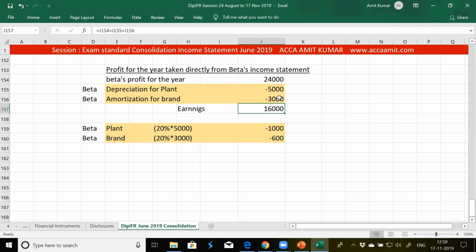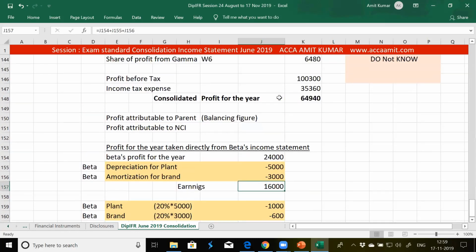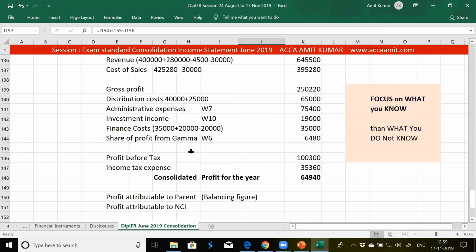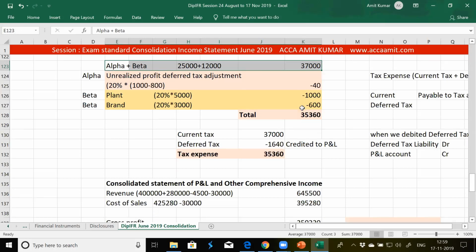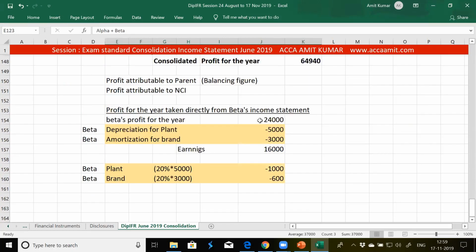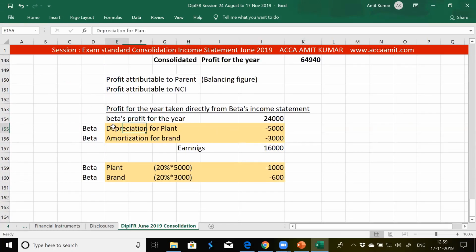But because of this, there is a reversal of deferred tax liability. See, in the income tax expense, this has been taken into account. I'm reducing the income tax expense. Remember, here I'm reducing it from the income tax expense. Here I'm reducing it directly from the earnings.